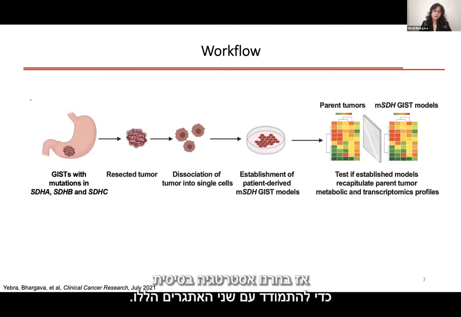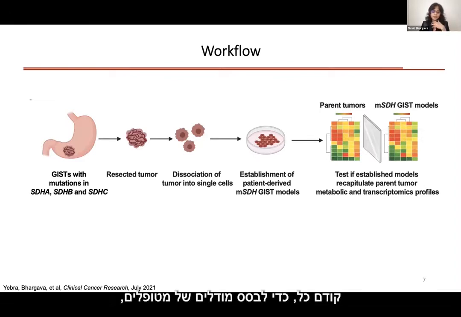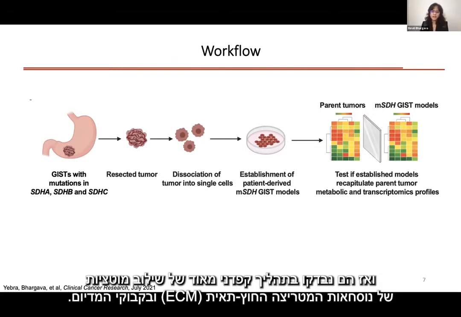So we picked a basic strategy to meet these two challenges. Firstly, to establish patient-derived models, we dissociated the resected tumors, and then a stringent permutation and combination of ECM, that is extracellular matrix, and media were tested.